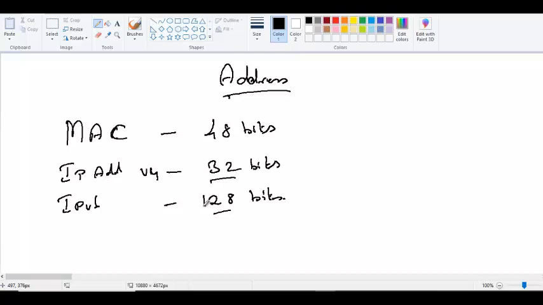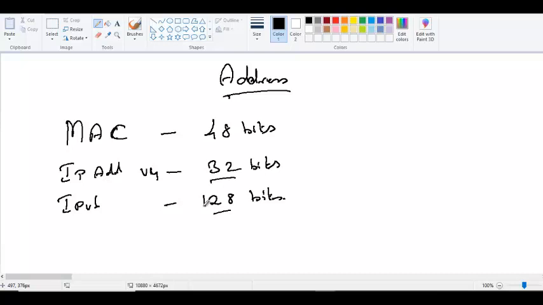That's how people only talk about the size of the address. When you talk about IPv6, they will only say IPv6 is bigger, IPv4 is smaller, IPv4 is 32-bit, IPv6 128-bit. No, don't stop there. I agree, that is true. IPv6 is 128-bit, bigger than IPv4.